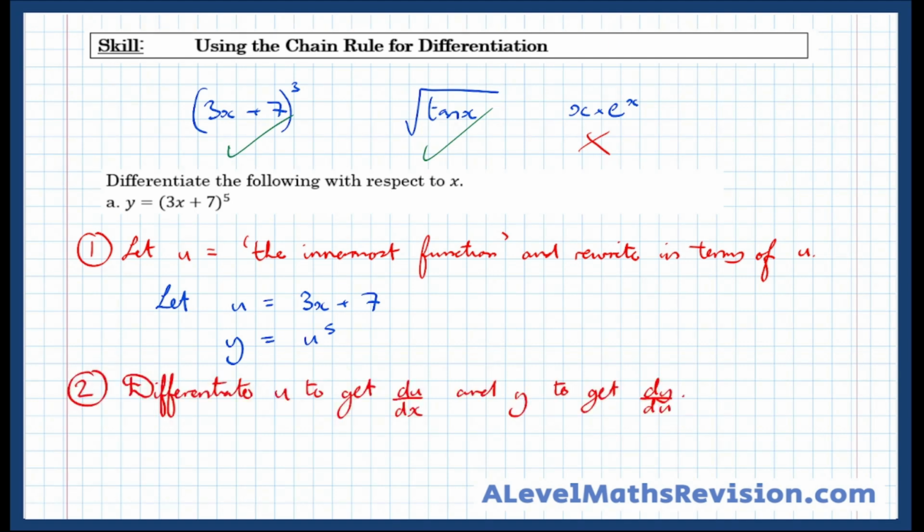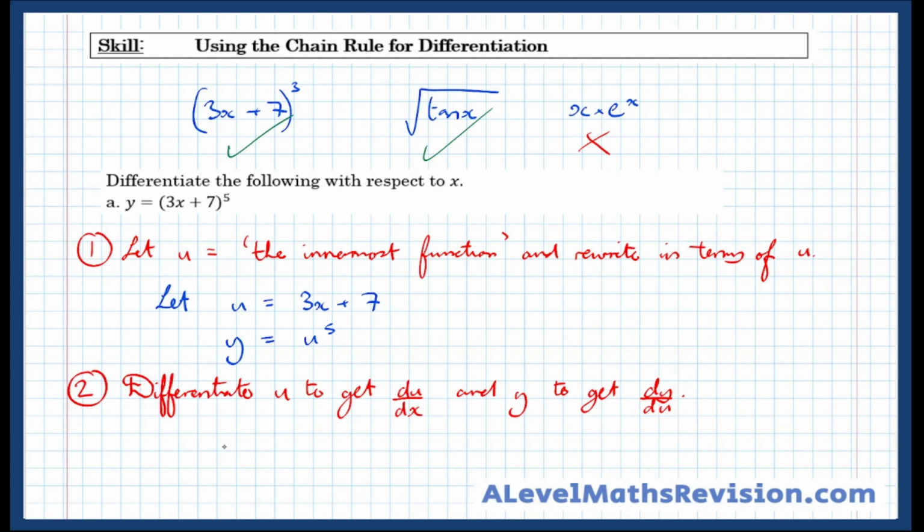So step 2, differentiate u to get du by dx and differentiate y to get dy by du. So the variables here are u and x, so it would give us du by dx. Here the variables are y and u, so it will give us dy by du. So you might want to pause the video at this point and try and do that bit yourself and see if your answer matches mine.